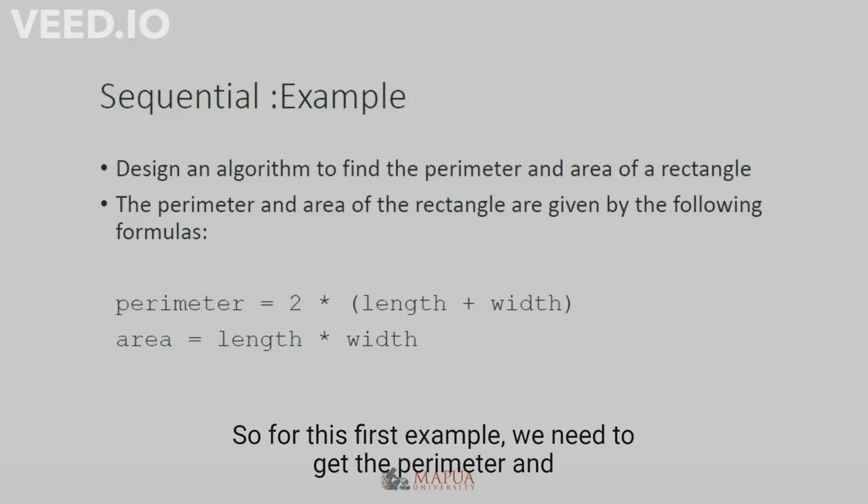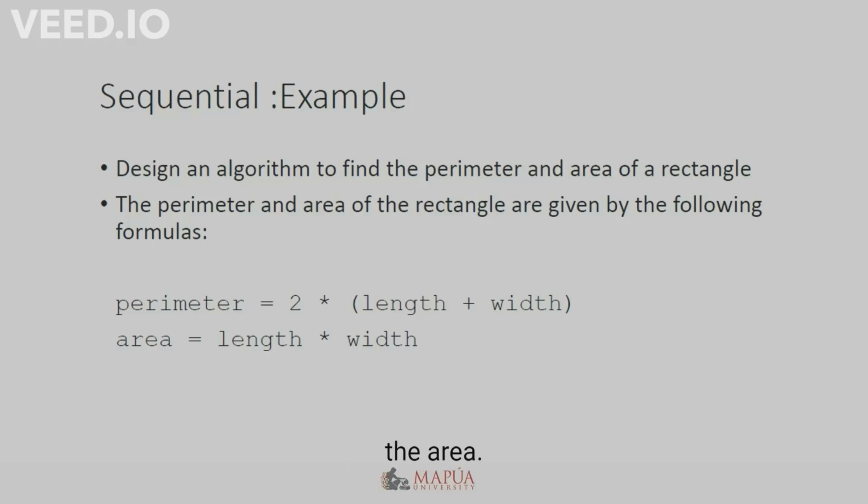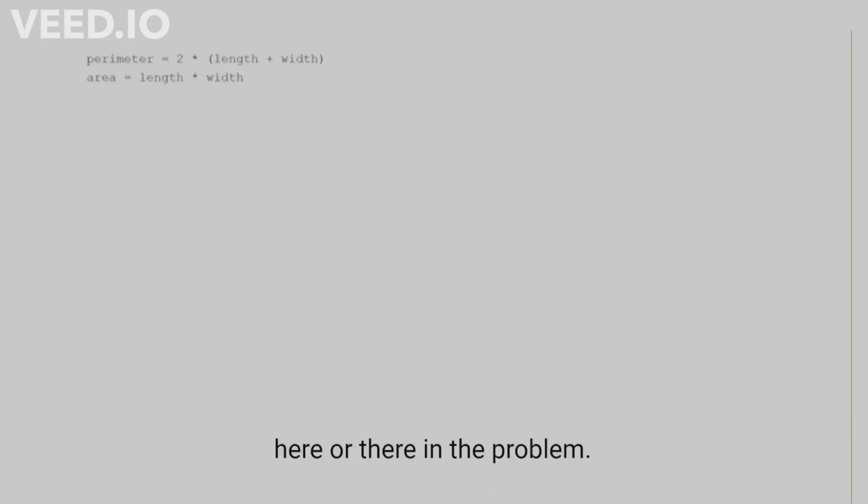So for this first example, we need to get the perimeter and the area. This is very easy because the equation is already given in the problem.